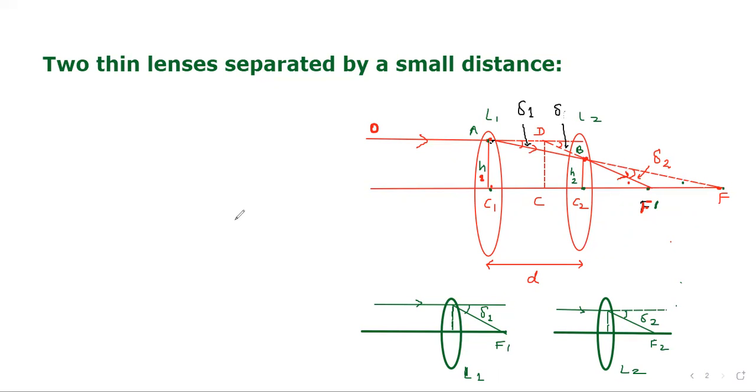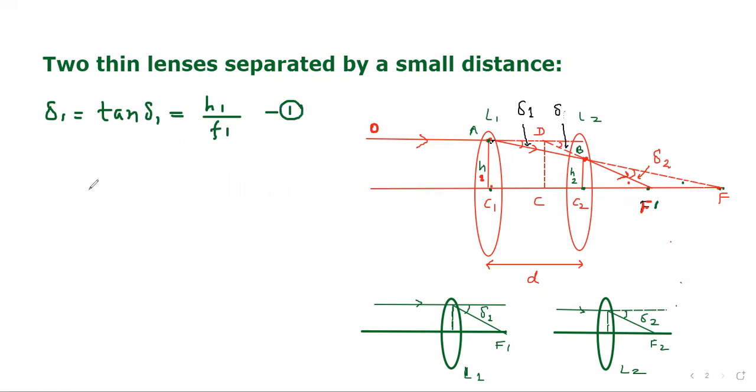Now let's consider the deviation produced by the first lens. This is a ray. When it reaches here, it follows this path and the image is formed at F in the absence of the second lens. So delta 1 is taken as tan delta 1, for a small angle, equal to perpendicular over base for this triangle AC1F. Perpendicular is H1 and its focal length is C1F, which is F1.